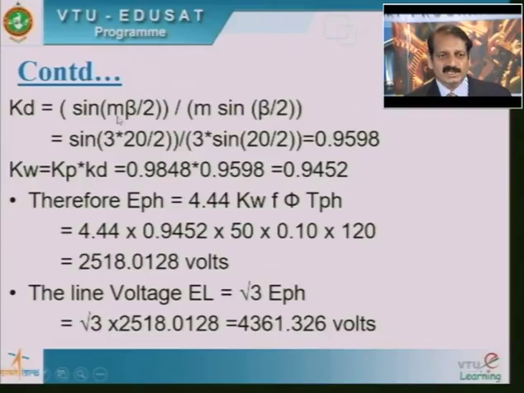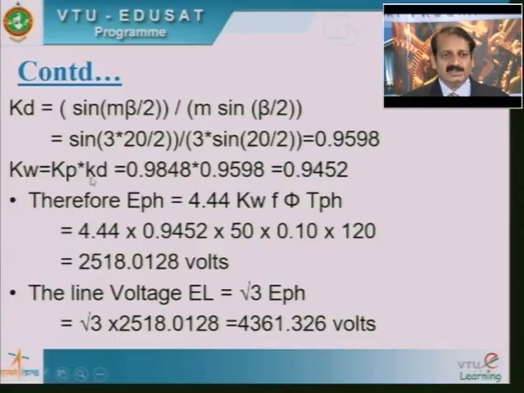So, now in this particular example, m is equal to 3, beta is the slot angle, which is 20, and when we substitute m and beta, we will get 0.9598 as Kd.